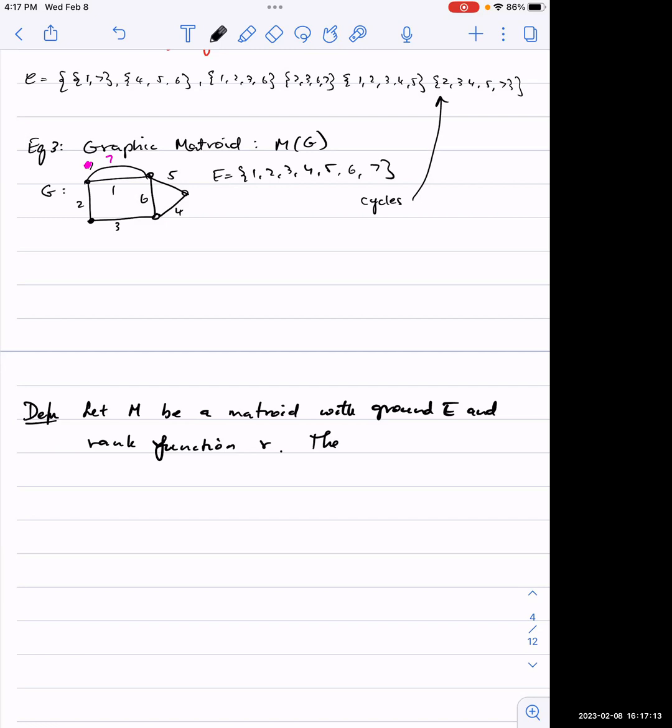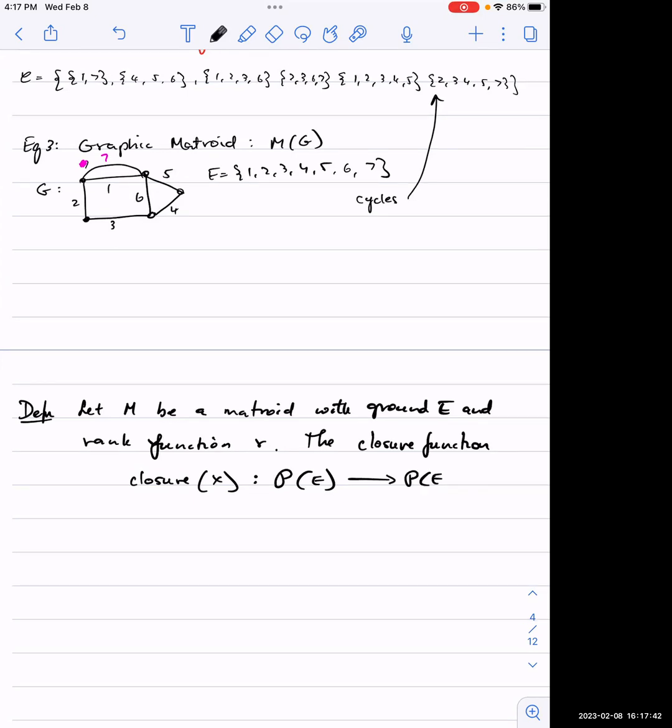The closure function, so defining another function, is, what should we call it? I'll spell it out. Closure of X is a function from the power set to also the power set here. This is the closure function.